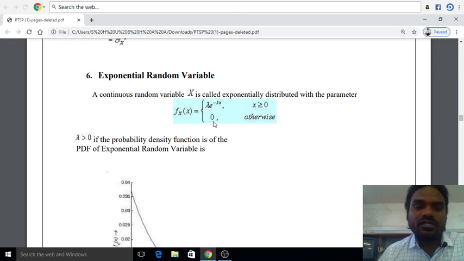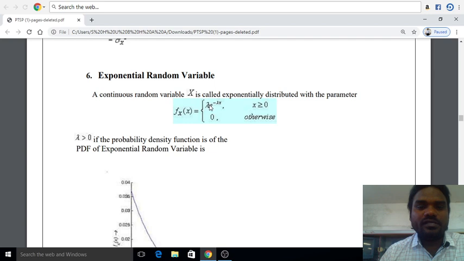So here the exponential distribution, with respect to the exponential random variable capital X, is defined for all values of x, and x is a continuous random variable. A continuous random variable is one which keeps on changing. Here lambda must be greater than 0.